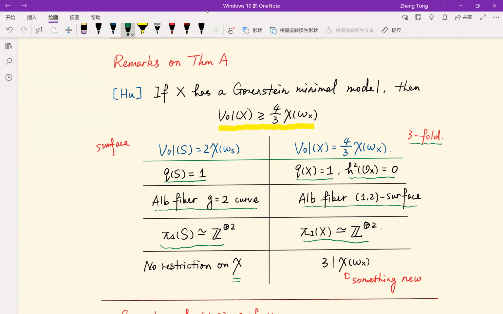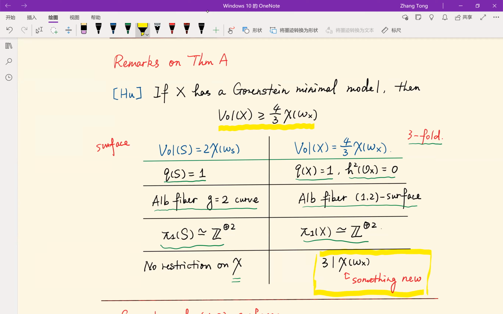For example, if the Noether-Severi equality holds for an irregular threefold of general type, then this Euler characteristic must be divisible by 3. So this is really something new.